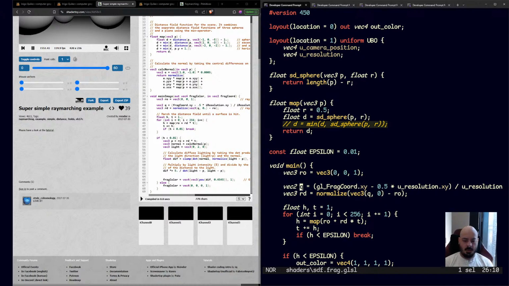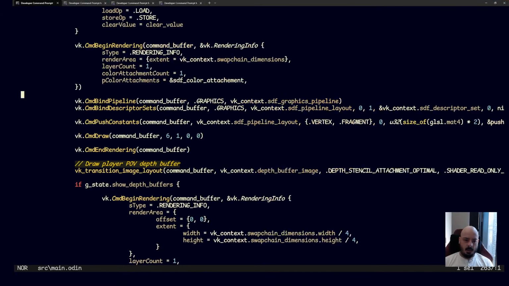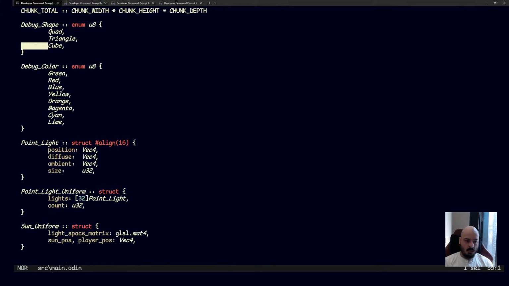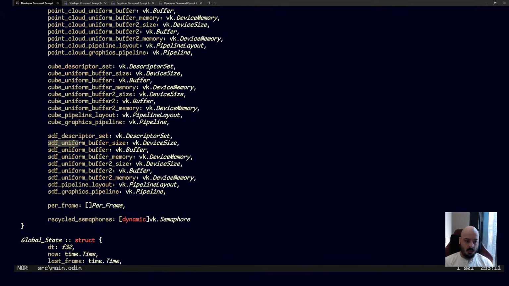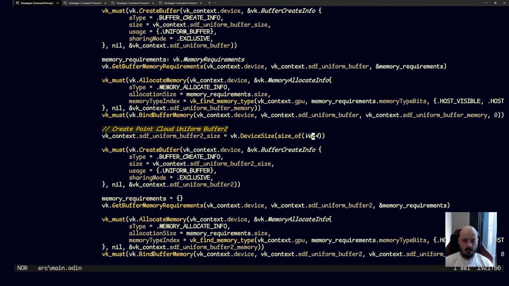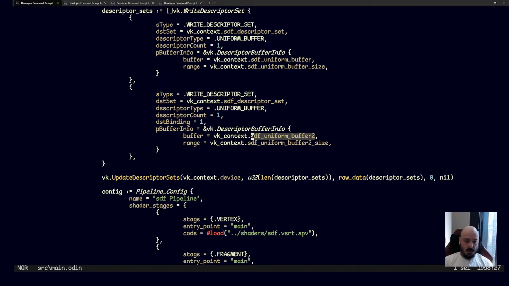Okay, and if we go back to our main file here, we're going to have to have a look at our buffers. So we've got SDF uniform buffer. So we don't need, oh, we actually do need that. So we actually have 2 buffers, right? Yeah, nice. So we'll pass in 2 vec4s. So this is going to be SDF uniform buffers 2, which we haven't updated anywhere.